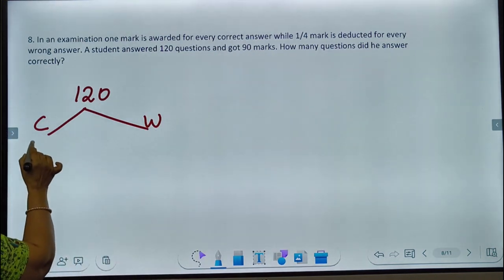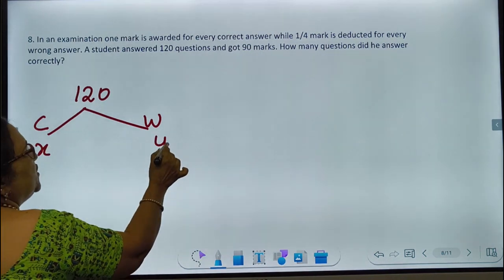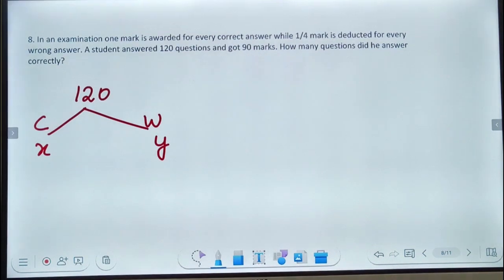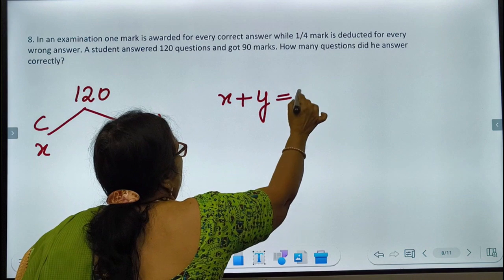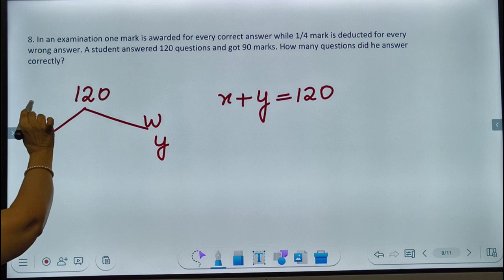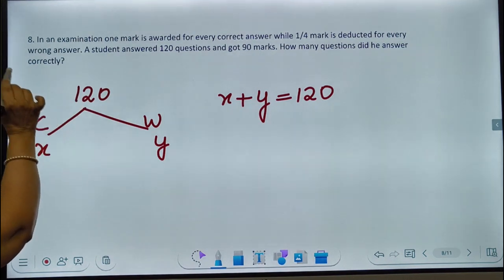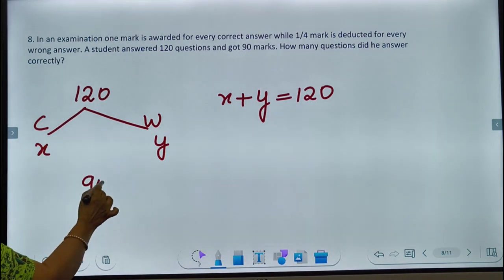So let the number of questions which he answers correctly be x, and the number of questions which he answers wrongly be y. Then x plus y equal to 120. Now a student is given 1 mark for every correct answer, while 1 by 4 mark is deducted for every wrong answer. And the total mark he has got is 90 marks.